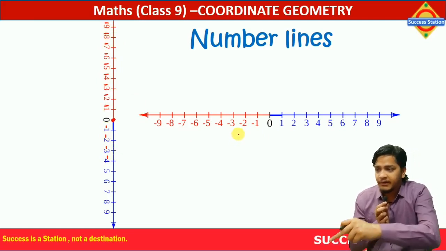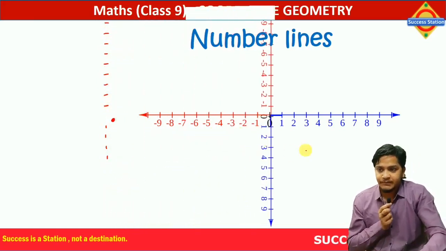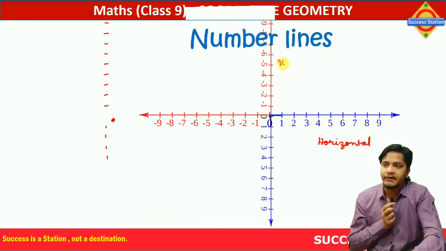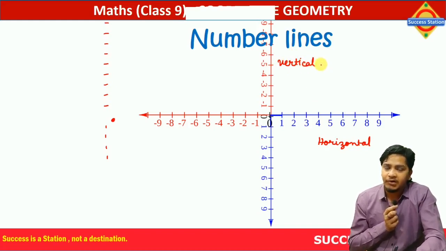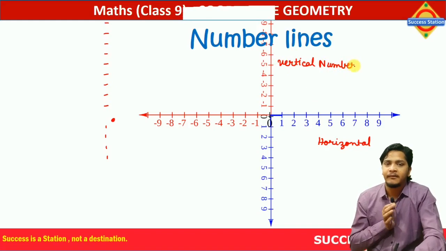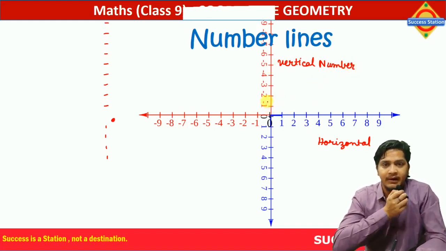Now what we do, we combine the two number lines. It is the horizontal number line and this is the vertical number line. So after combining the horizontal and the vertical number line, we get a plane, right? We get a plane.